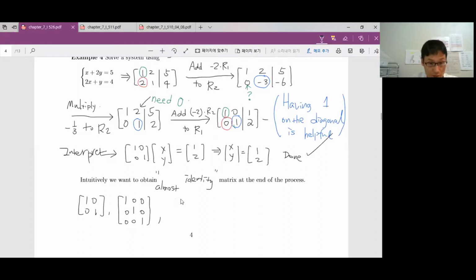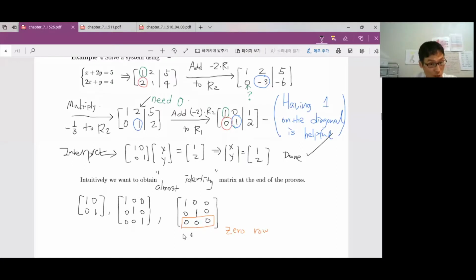In actual problems, we will get some matrix which is kind of identity, but not exactly. 1, 0, 0, 0, 1, 0, and then 0, 0, 0. Look at this bottom row. We have a row with entirely 0. This is called a zero row.